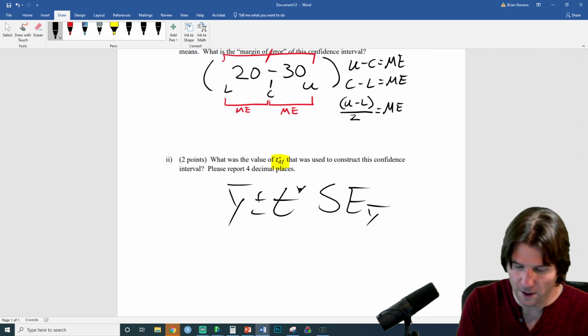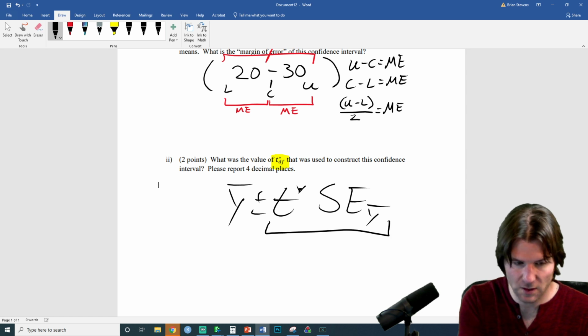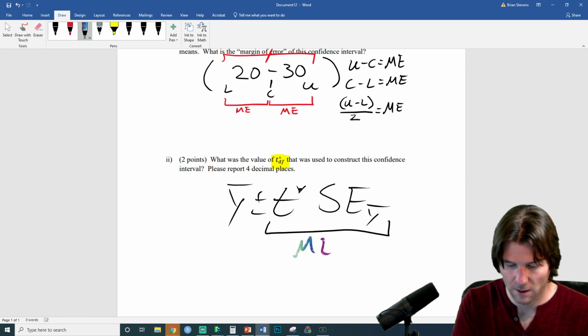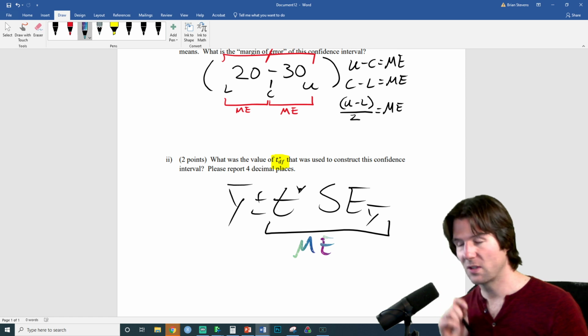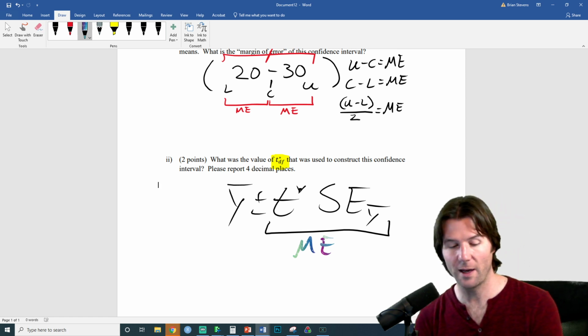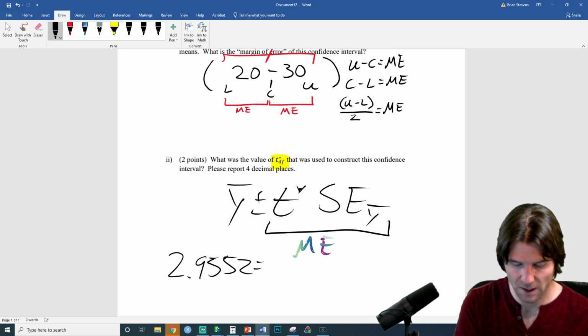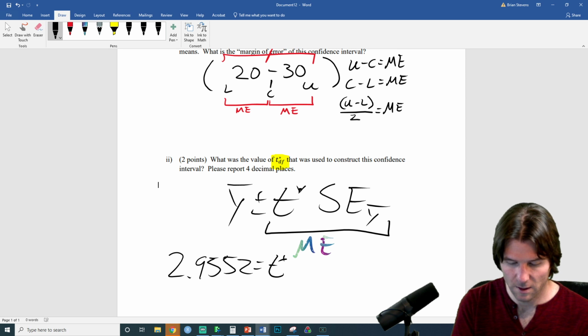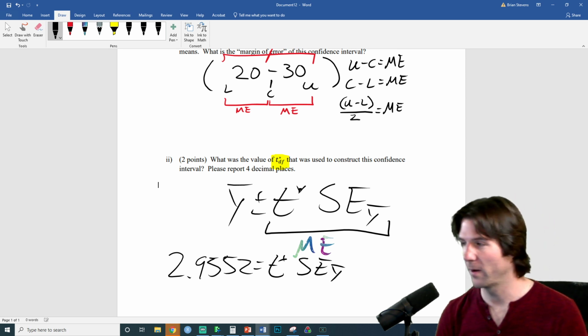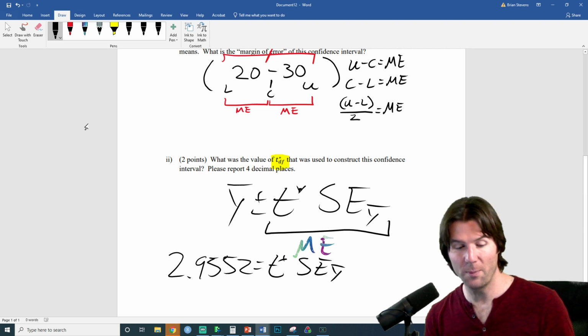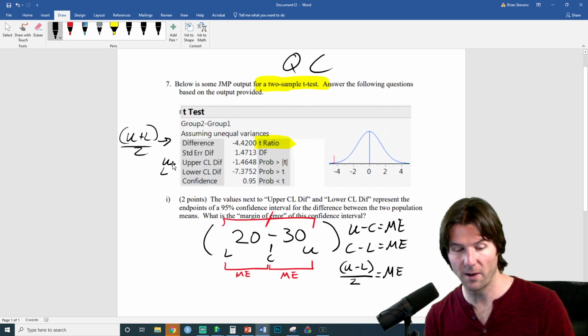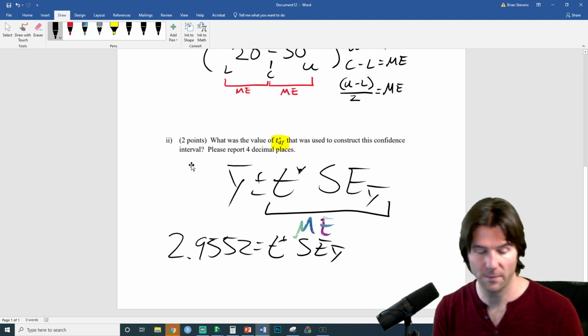Since this is the margin of error, 2.9552 is equal to t times the standard error of y bar. Now all we need to do is look at our output and say, what was the standard error of y bar? It's 1.4713.